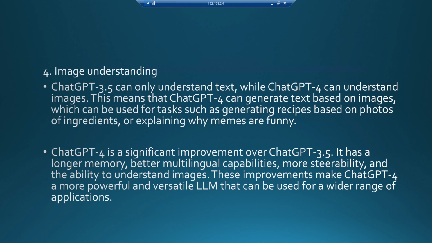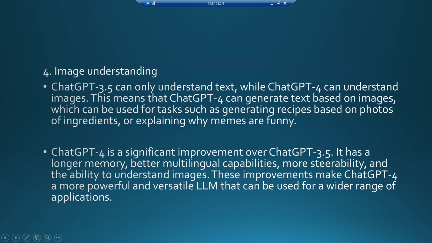Once you upload that image in ChatGPT 4, it is going to generate text based on the image that you have uploaded on the tool. This can be very useful for tasks such as generating recipes based on photos of ingredients. So this is a very important feature that we have in ChatGPT 4. Now let's go to the next point.